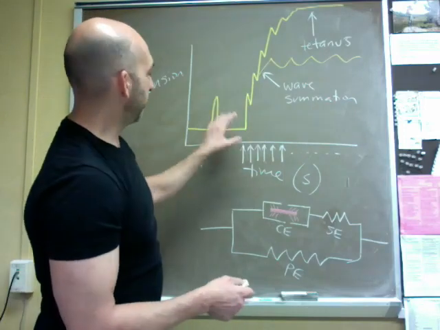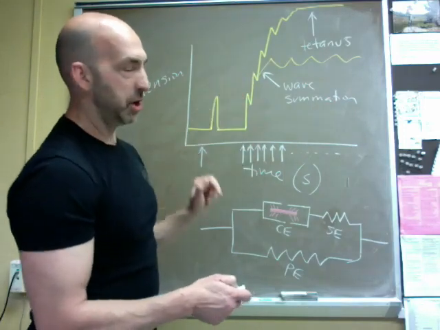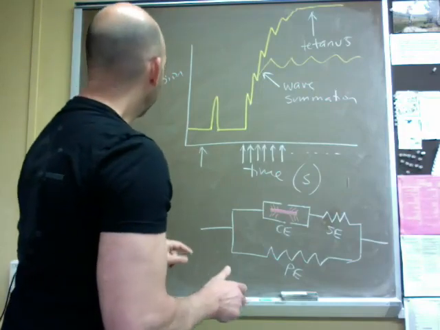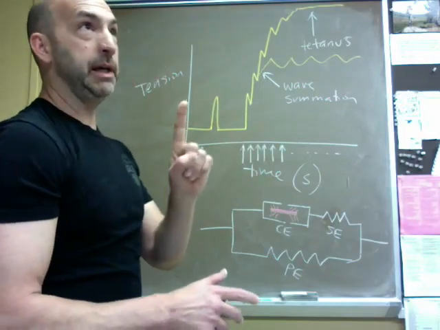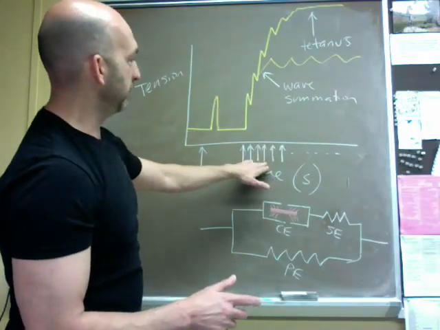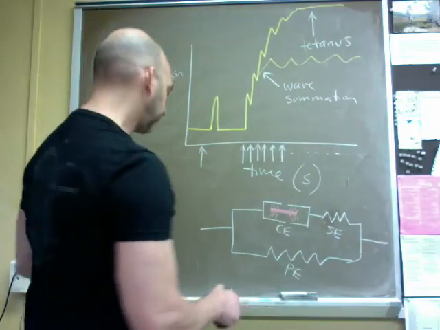So again, all of those fibers would be doing the same thing at the same time because they're receiving action potentials simultaneously. Okay, so that's the frequency-tension relationship, right? Wave summation and tetanus. The faster the frequency of stimulation, the more tension we get.